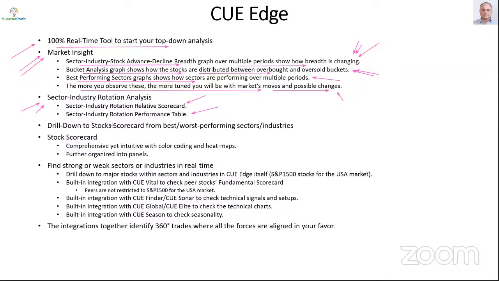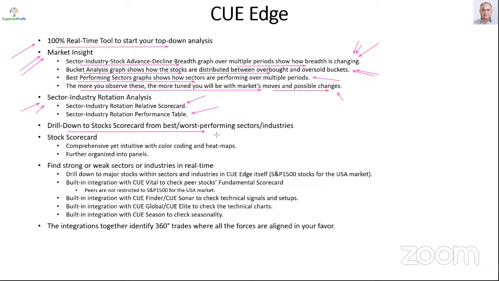Once you look at the sector industry rotation analysis, you may align that with your trades. If you are looking into stronger industries, then you may drill down to the stock scorecard to find the best performing stocks.